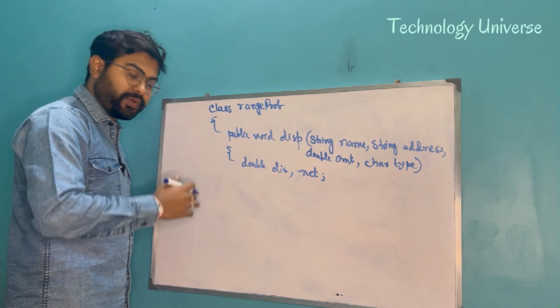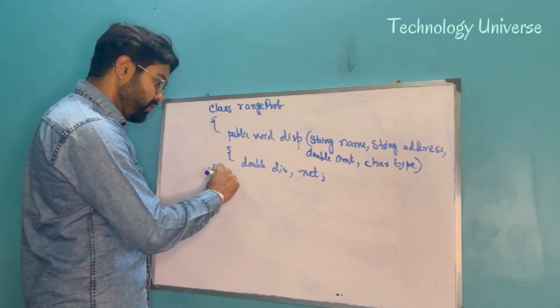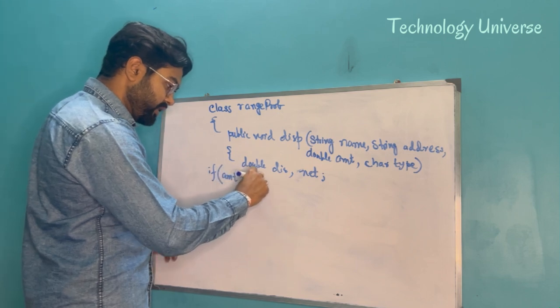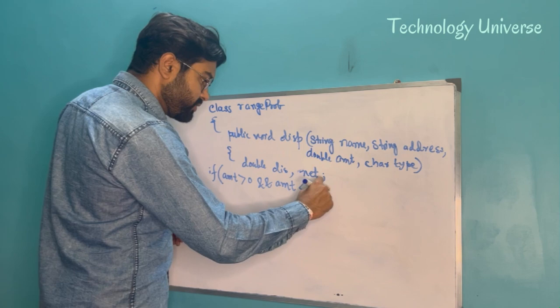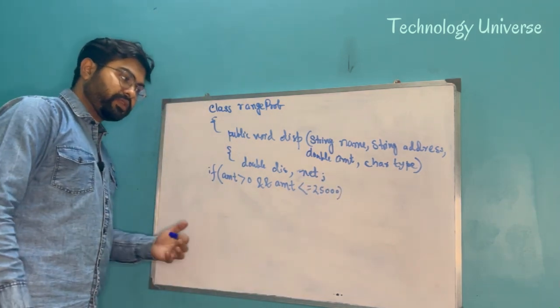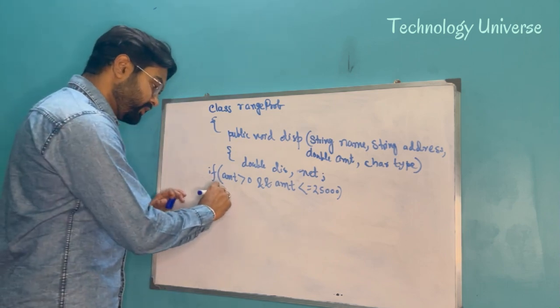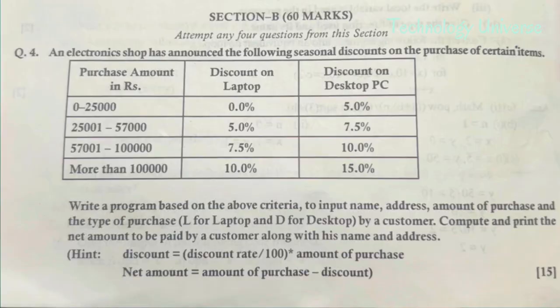Now next what we have to do, we have to give the conditions. The first condition is if the amount is greater than 0 and the amount is smaller than 25,000. If it's smaller than 25,000, the discount is, now there are two discounts. One is for the laptop, another one is for the desktop.